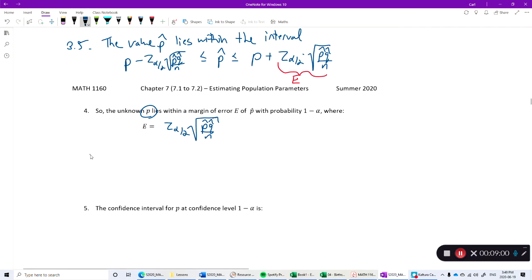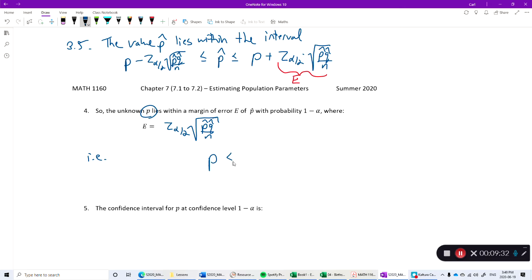So, i.e., P, why did I give myself so much space here? Maybe I was going to write this down here. Anyway, that's okay. So finally, I guess what I'm saying is P lies within a margin of error of P hat.